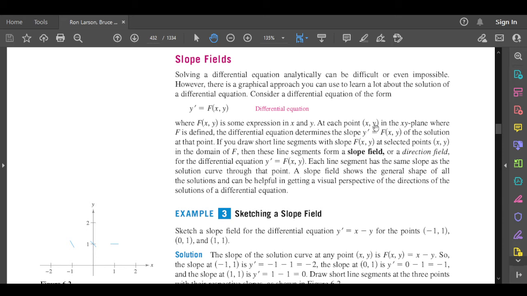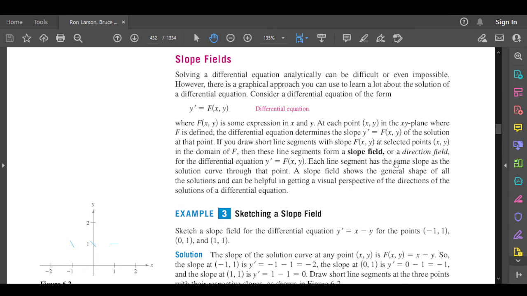So therefore, at (x, y), we can actually find the slope of the solution, y' at that point. If you draw short line segments with slope f(x, y) at selected points (x, y) in the domain of f, then these line segments form a slope field.